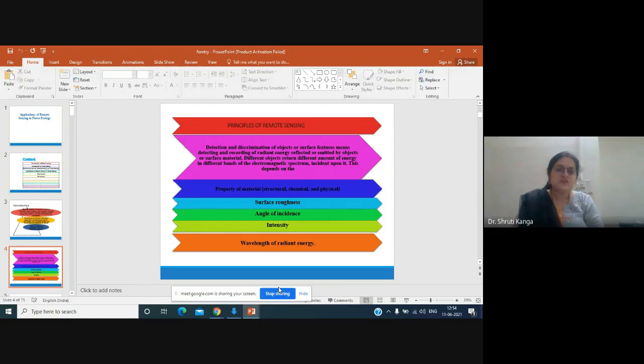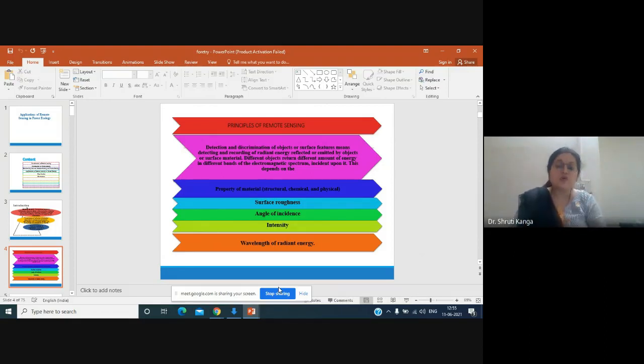Now this detection and discrimination of different objects: different objects return different amounts of energy, as every object has its own property. They reflect back different amounts of energy in different bands of the electromagnetic spectrum incident upon it.